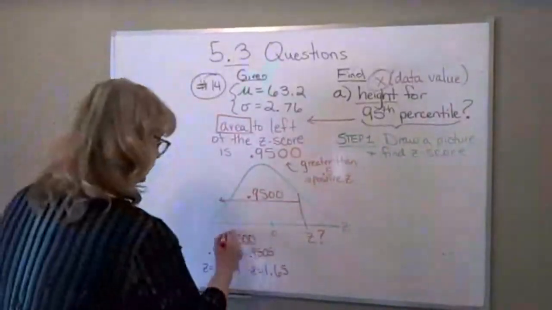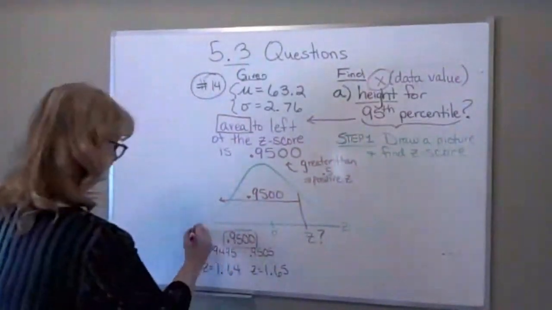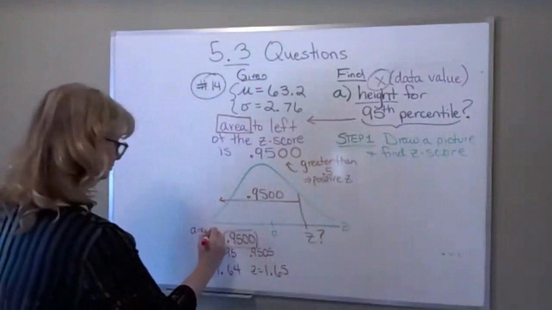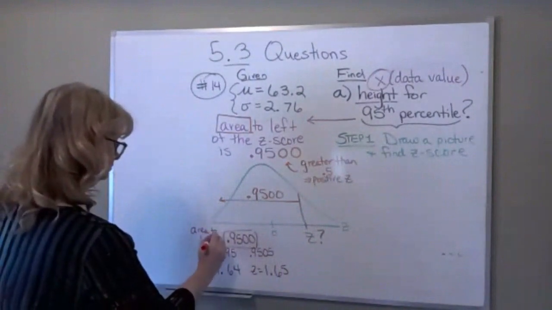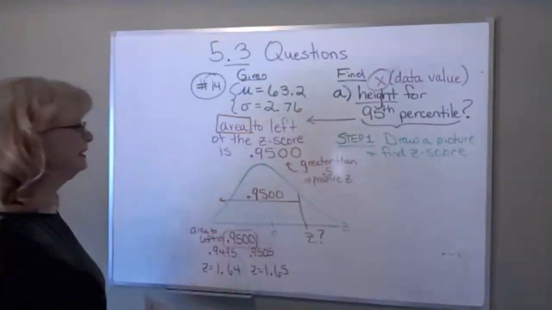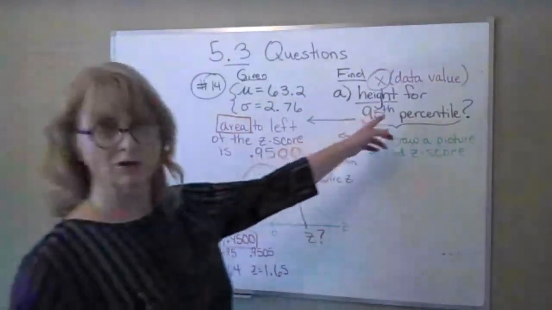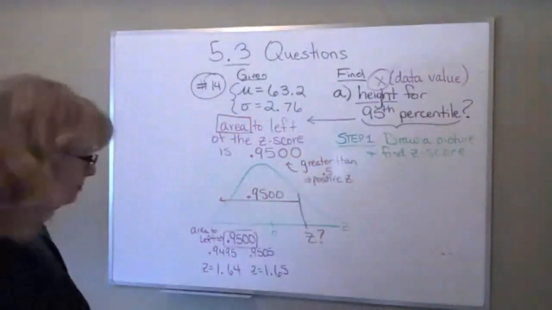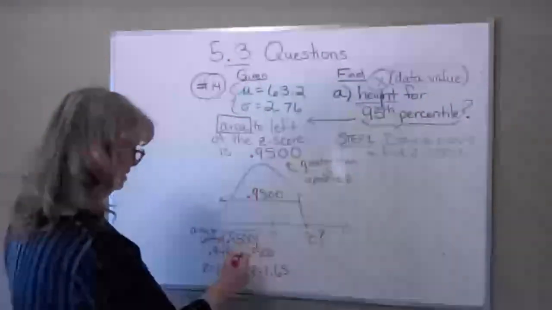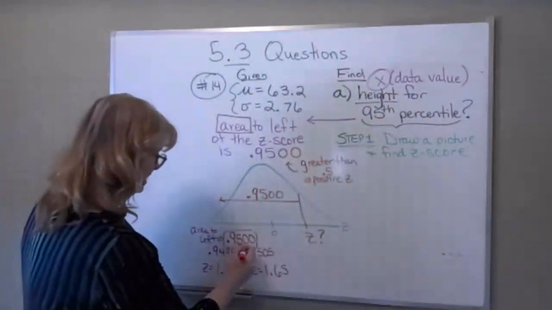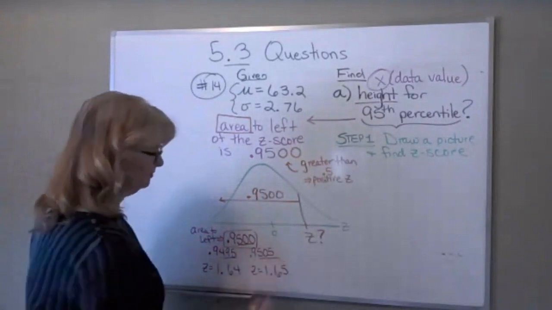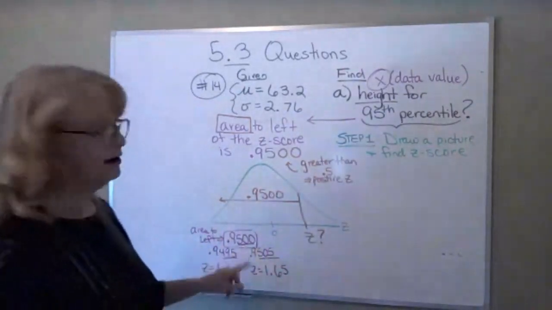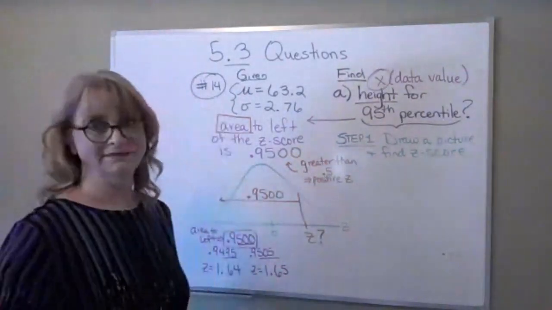So this was the area I wanted. The area to the left was 0.9500 because I was looking for the 95th percentile. That one wasn't in the table, but these two numbers were. And if you look at that, 0.9495 and 0.9505, the area we want is exactly halfway.